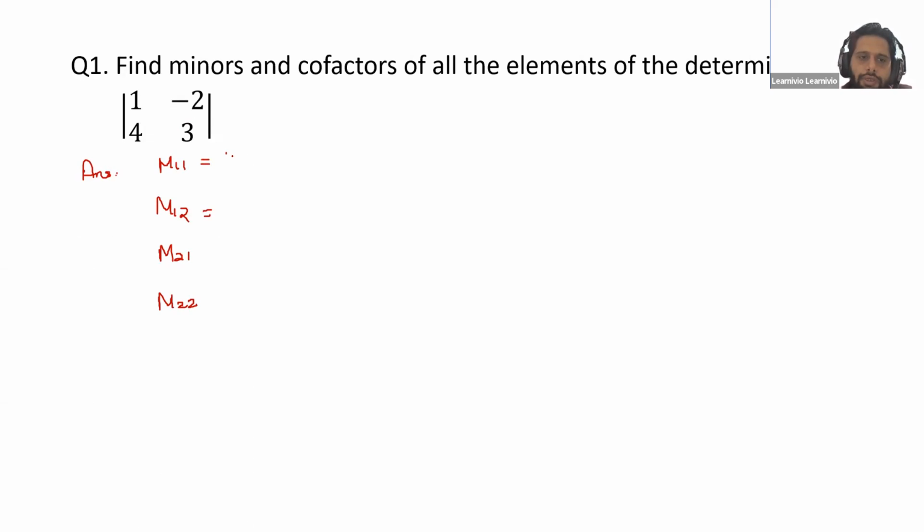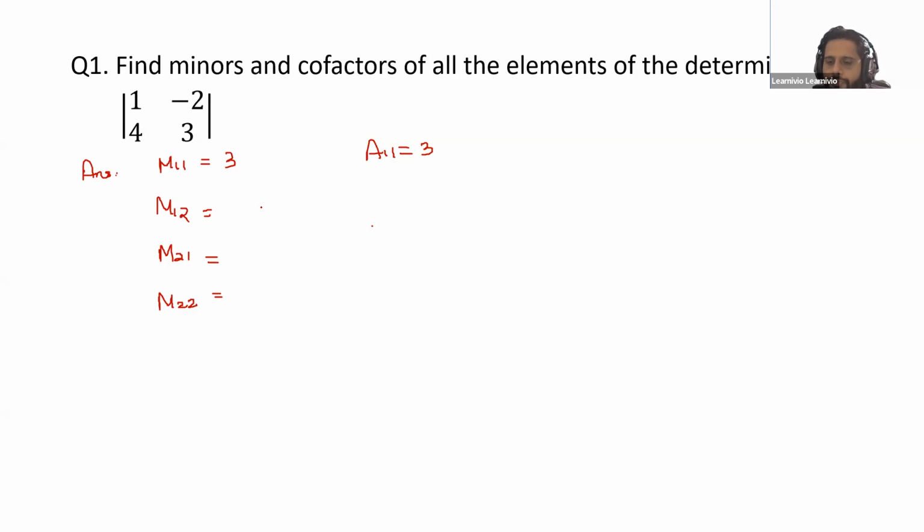M11 is 3, and A11 is also equal to 3. Good. This is correct. Okay, M21 is correct.